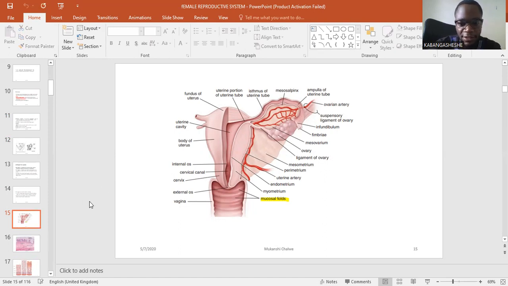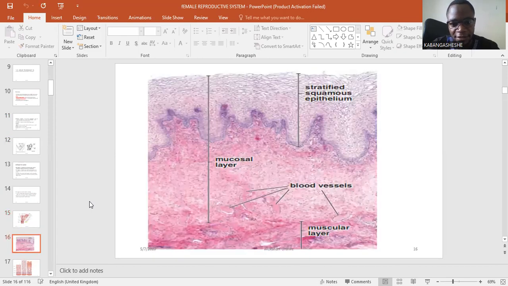That being said, we can now look at the histological features of the vagina. The vagina has the following layers. It has mucosa. This mucosa has a thin submucosa. Then we have the muscle layer. Finally, it is surrounded by adventitia, which is connective tissue.